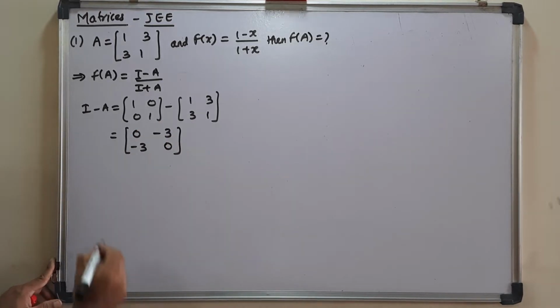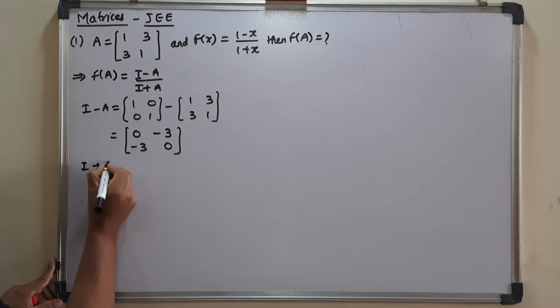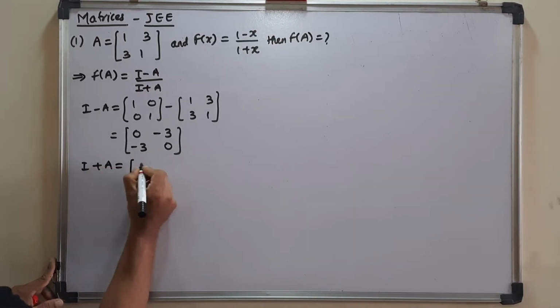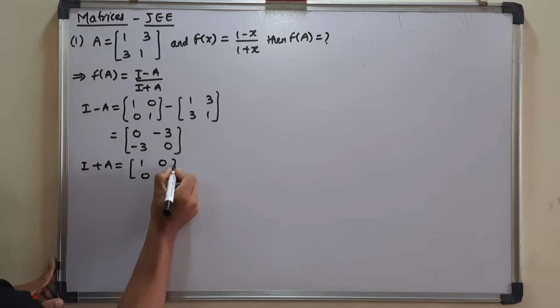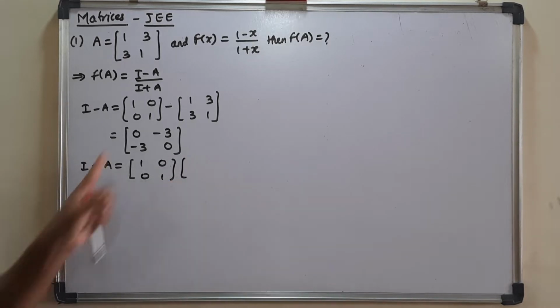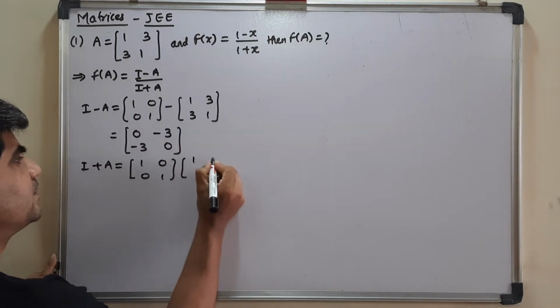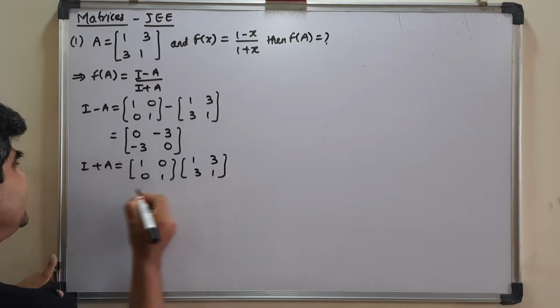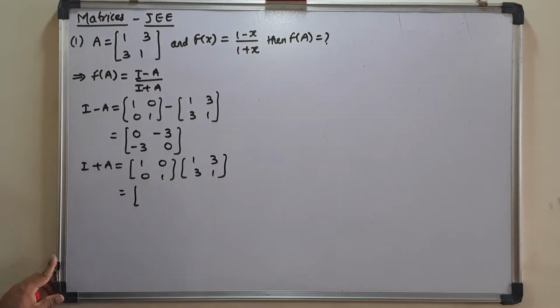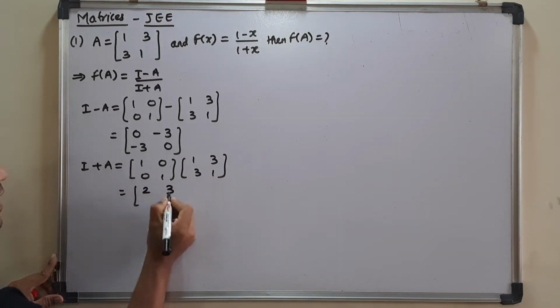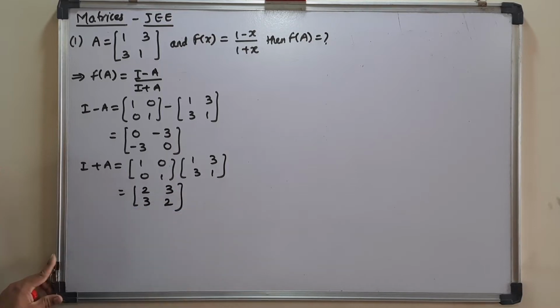This is your I minus A. And what about I plus A? I plus A is 1 0 0 1 plus 1 3 3 1, so it becomes 2 3 and 3 2, right? So I got your I minus A and I plus A.